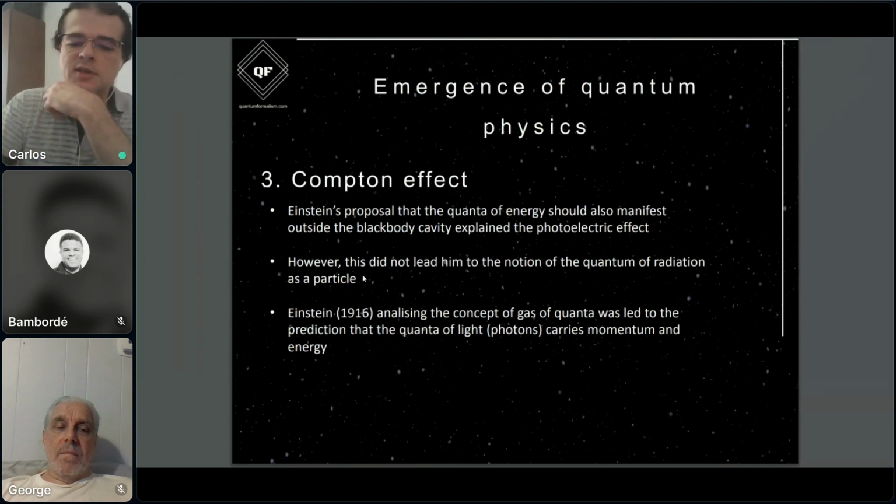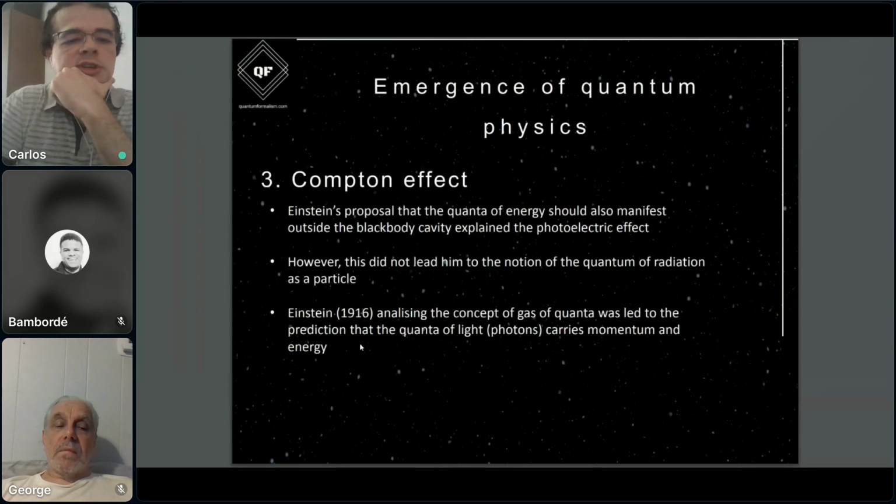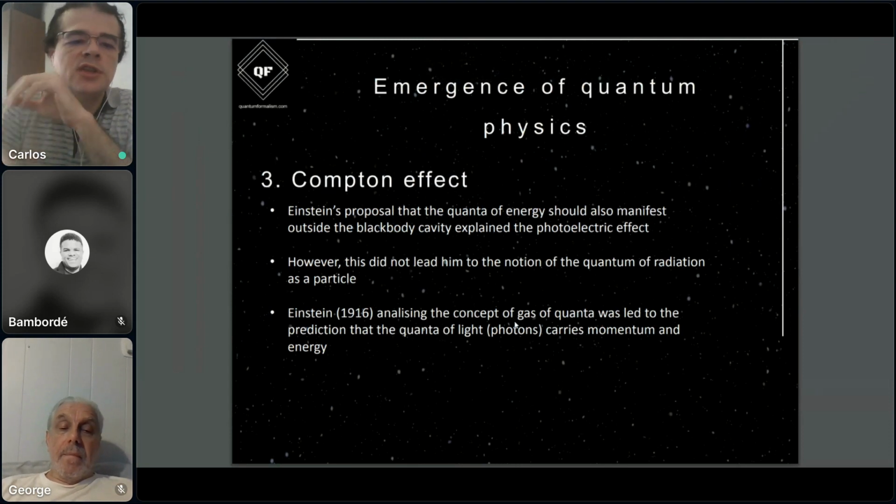I mean, this was in 1905, right? It was only in about 1916 that he was analyzing the concept of a gas of quanta. He was led to the prediction that quanta of light, called photons today, carry momentum and energy.